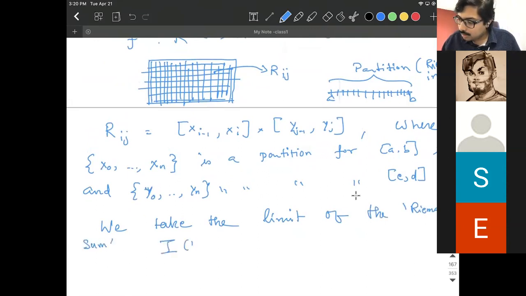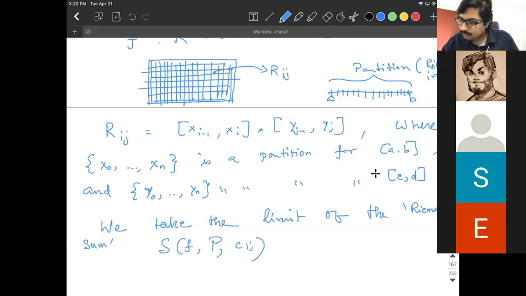So this is the notation I have used: the Riemann sum S F. P denotes the partition and Cij denotes the point inside these tiny squares.